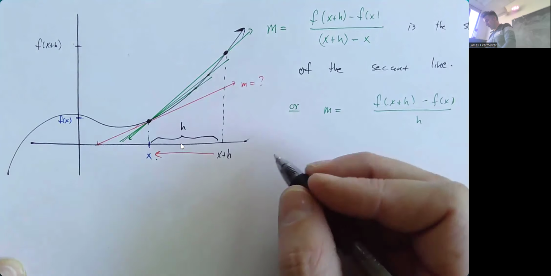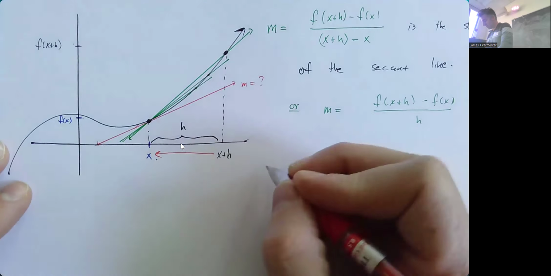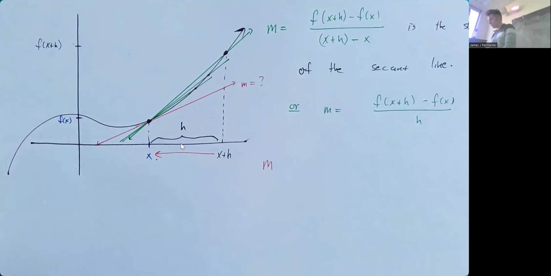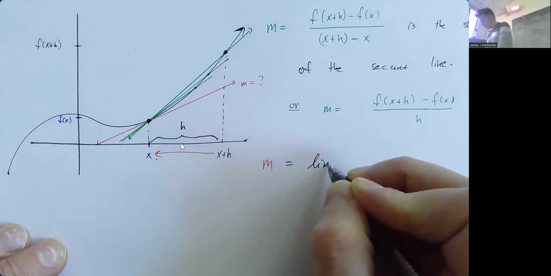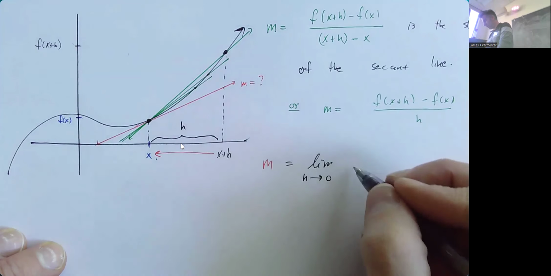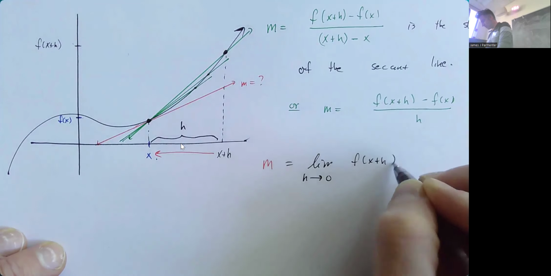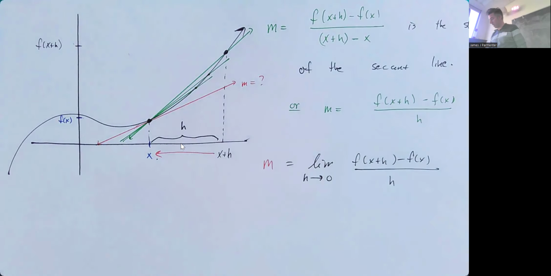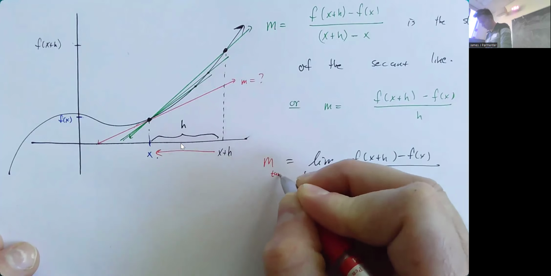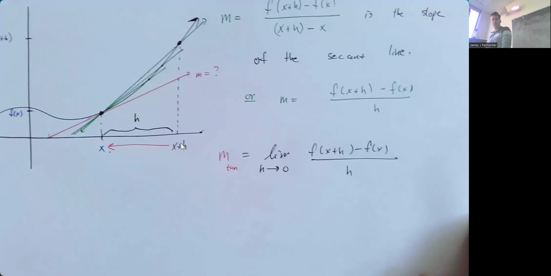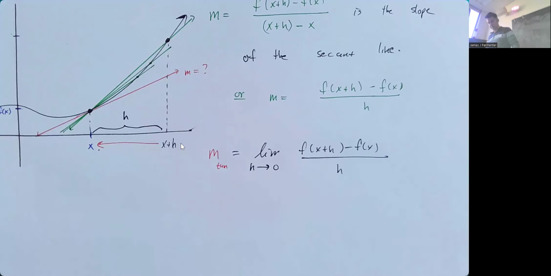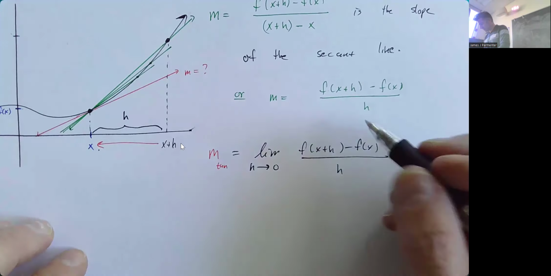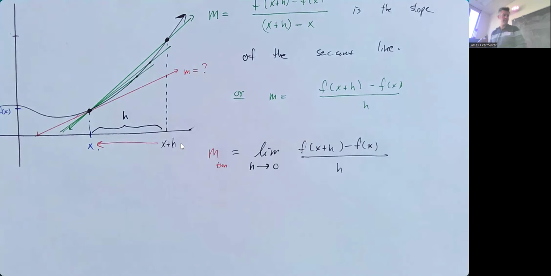Otherwise, we're going to take the limit as h goes to 0 of the slope of the secant line. So the slope of the tangent line is equal to the limit as h goes to 0 of the slope of the secant line. And that's how we define the derivative.